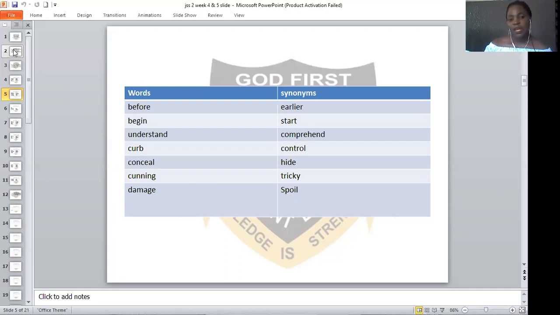Another word here is cunning. You can say the tortoise is a very cunning animal. The synonym for cunning is tricky. Next word we have here is damage. To spoil something. So the synonym for this word is spoil.